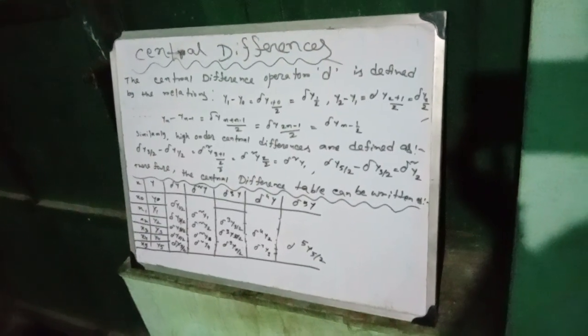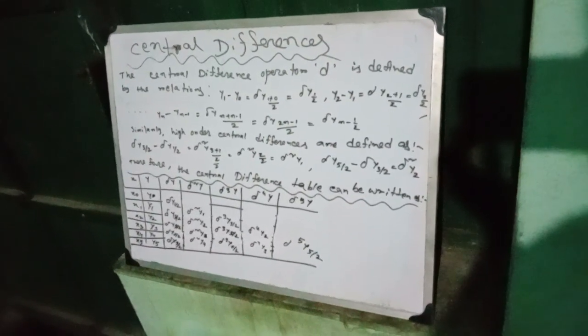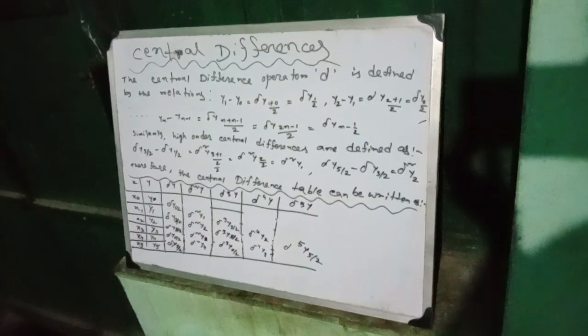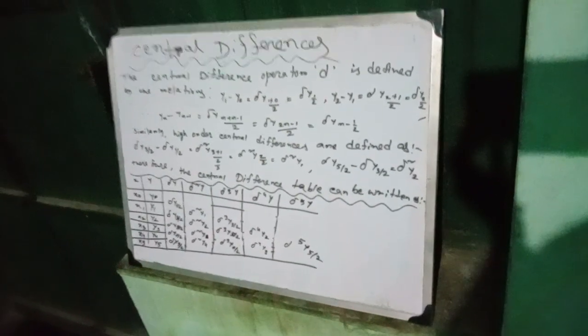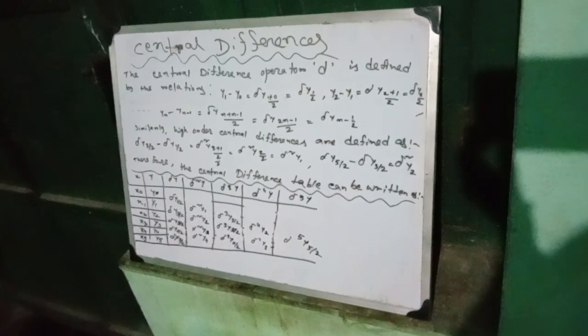So, we get yn minus y of n minus 1 is equal to δy of (2n−1)/2. On calculation, we get yn minus y of n minus 1 is equal to δy of n minus 1/2.